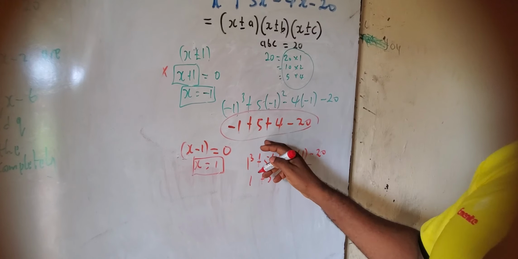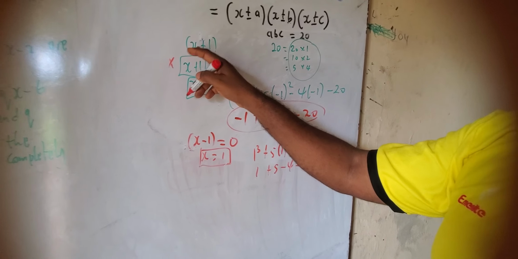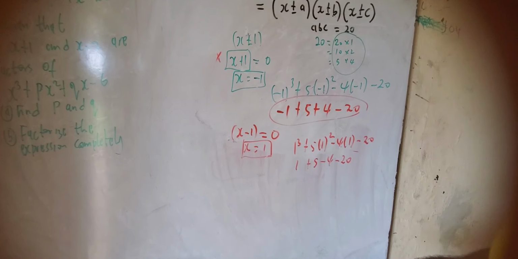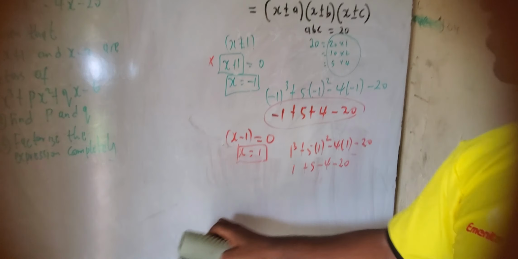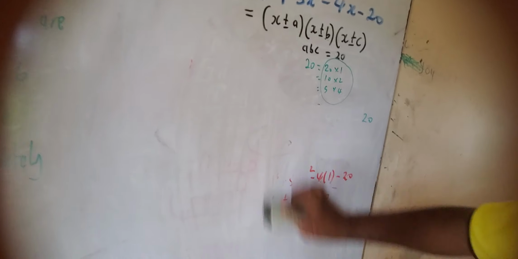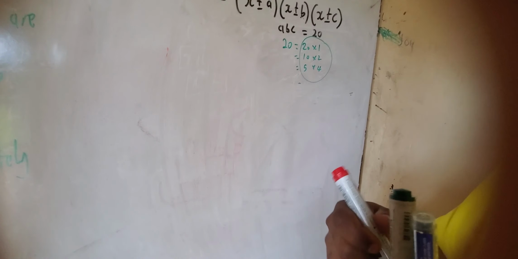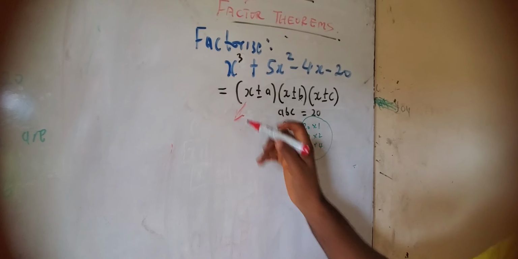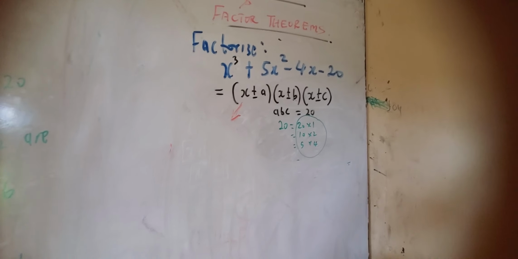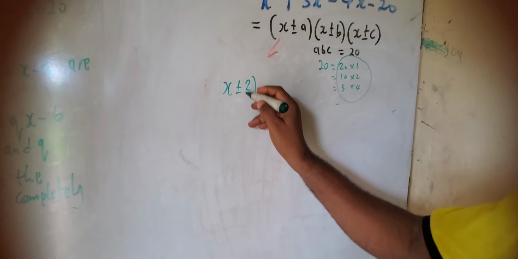If you look at this, it will not give me what I'm looking for. So that means x plus or minus 1 are not factors of this polynomial. So we move down to the next number, which is 2. One of the factors will take the shape of x plus or minus 2.